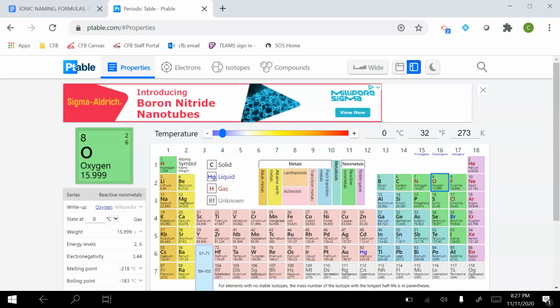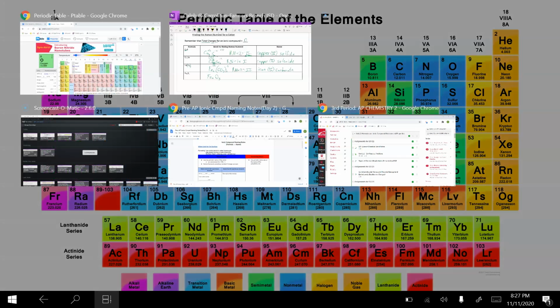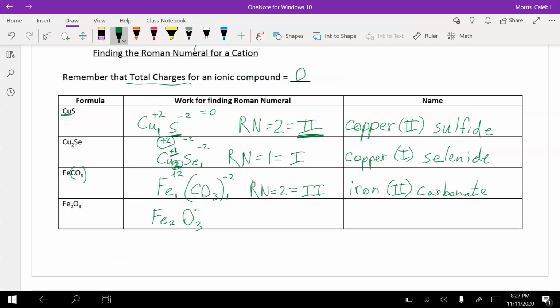So that's a -2 charge. Each oxide has a -2 charge. But you see that I've got 3 of them. So I have to multiply. 3 times -2 is -6. That means the other side, if I want to add something to -6 to make 0, I have to put +6.